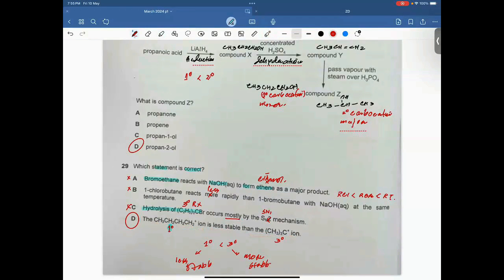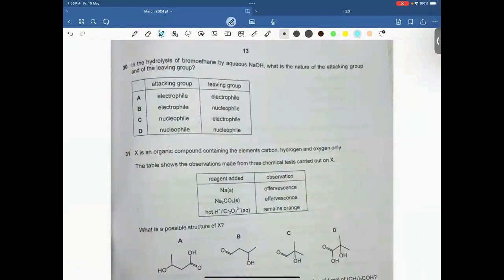Okay. Question number 30. In the hydrolysis of bromoethane by aqueous NaOH. So we have bromoethane. It is reacting with NaOH, converting into ethanol and NaBr. What is the nature of the attacking group and of the leaving group?